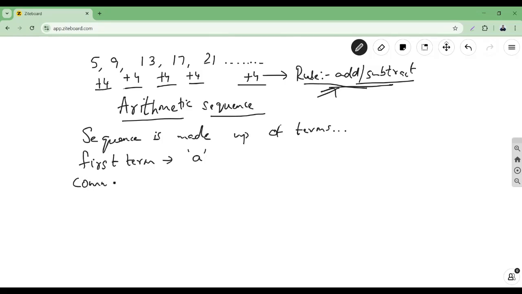Common difference means the difference between the current number and the previous term. That means some term is there, and its previous term. Okay, let's name the terms also. How do we call terms? We use the symbol T. So the first term is A, but the second term we call T2, with 2 in the bottom.